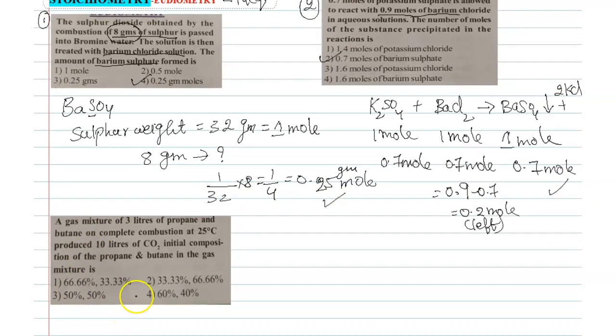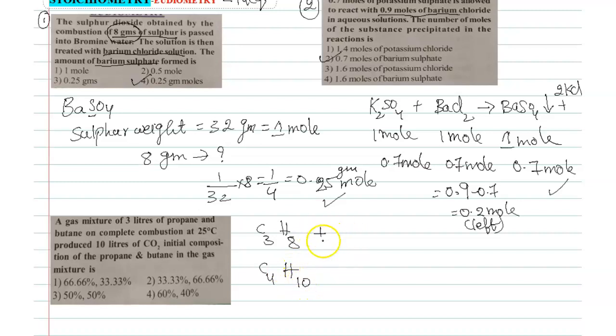A gas mixture of 3 liters of propane and butane on complete combustion at 25 degrees Celsius produces 10 liters of CO2. Initial composition of propane and butane in the gas mixture is. Here they mentioned propane and butane.